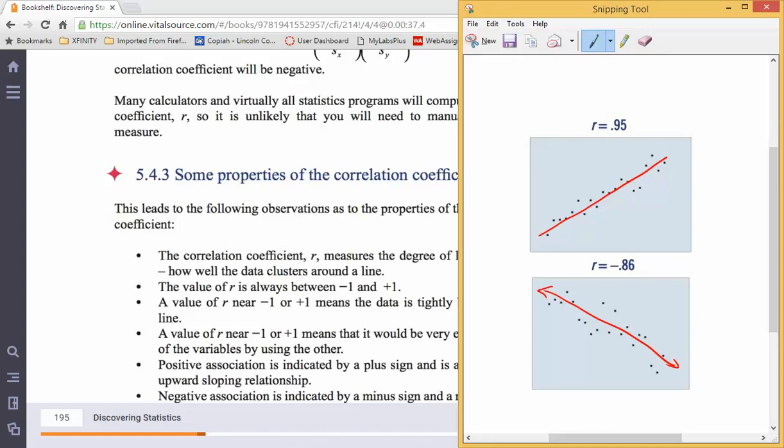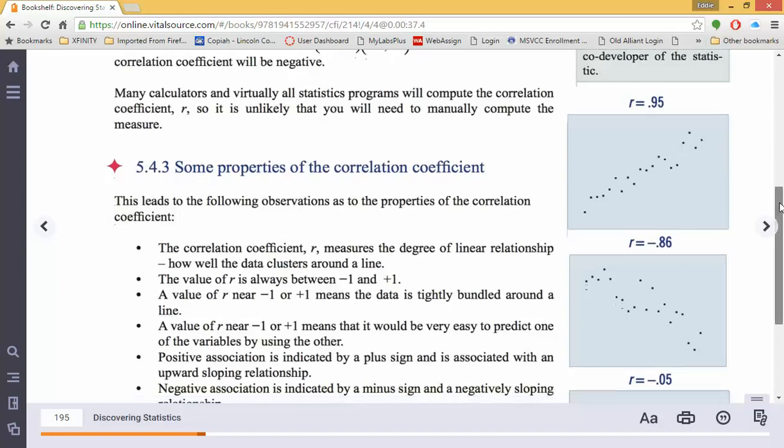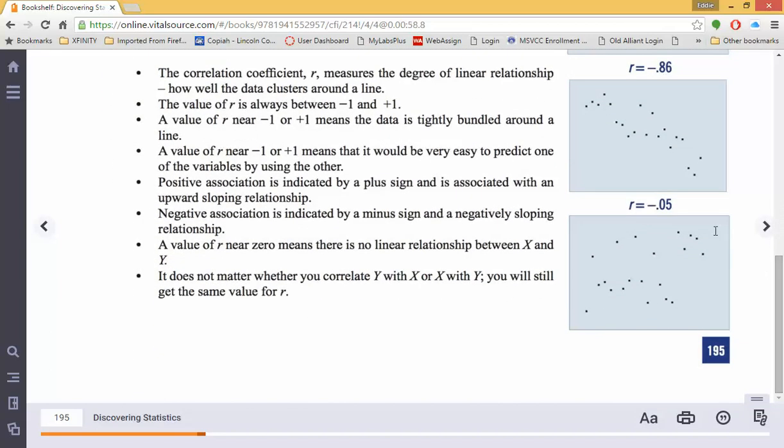Now what about an R that is not close to 1 or -1? See, the data is just scattered all about.